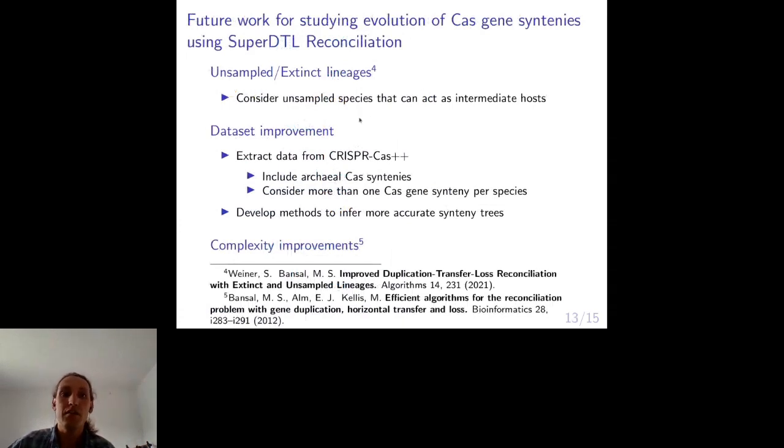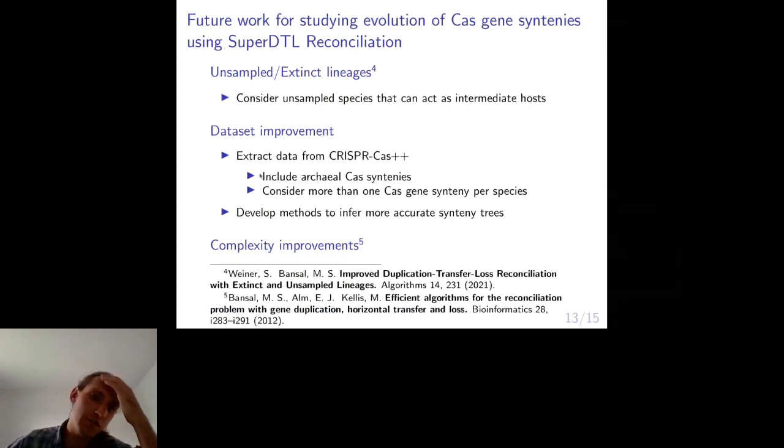So here is one of our future works we would like to do: consider unsampled species to act as intermediates in the transfer of synteny. We'd like also to improve our dataset by using the database CRISPR-Cas++ that contains a lot of information about Cas synteny.